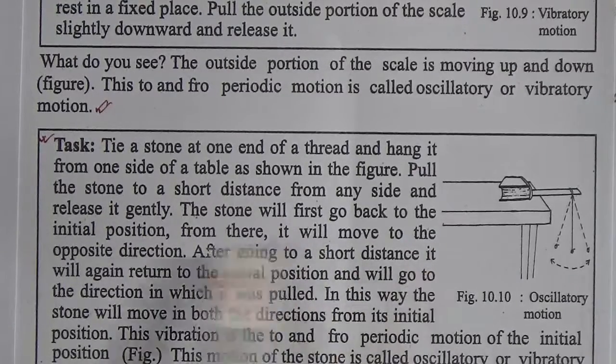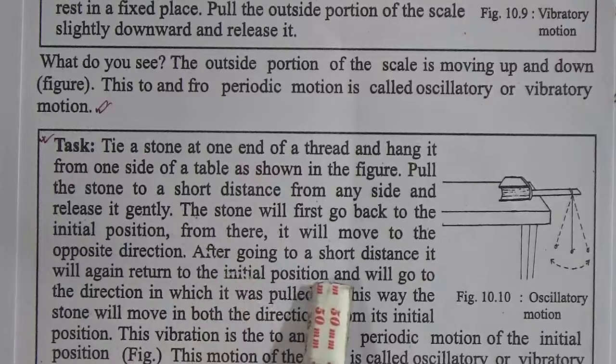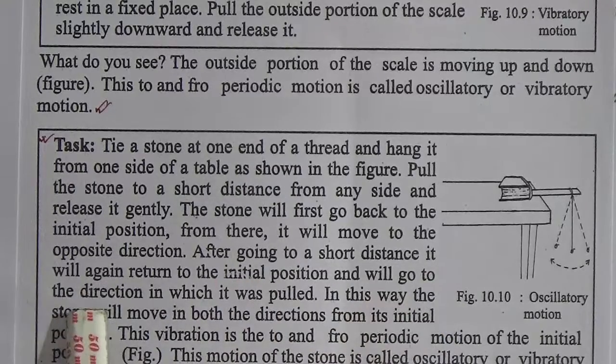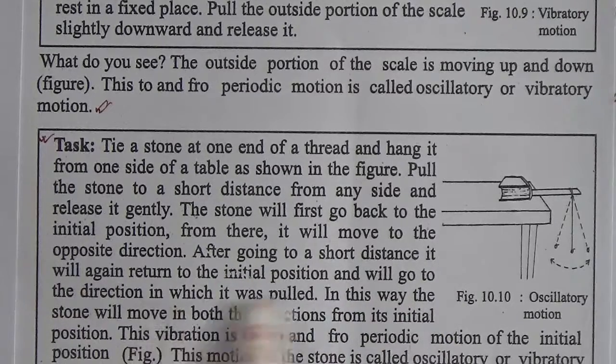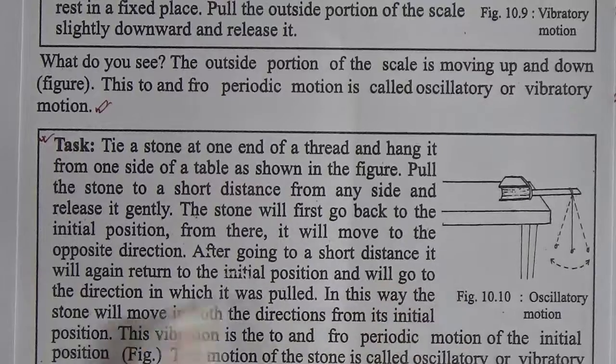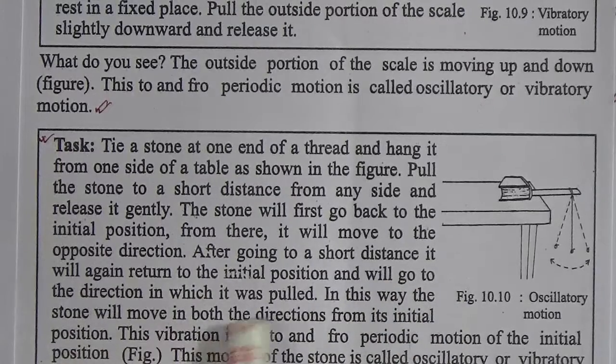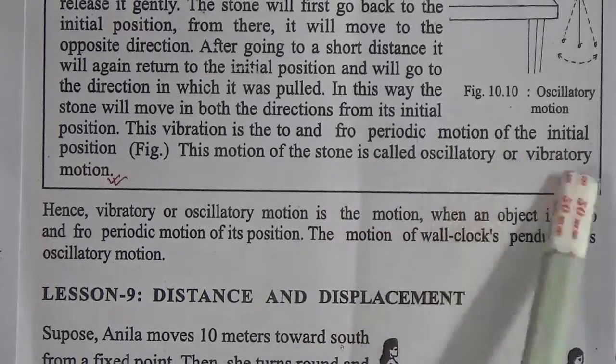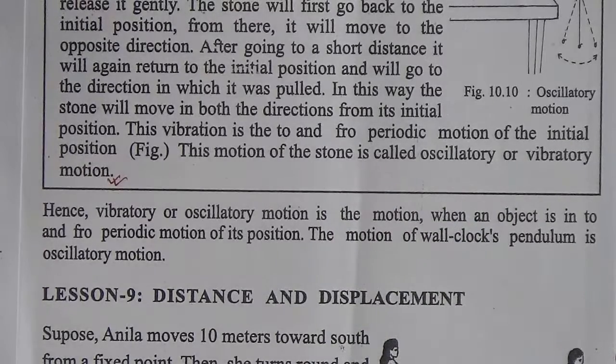After going a short distance, it will again return to the initial position and will go in the direction in which it was pulled. In this way, the stone will move in both directions from its initial position. This vibration is the to and fro periodic motion about the initial position. This motion of the stone is called oscillatory or vibratory motion.